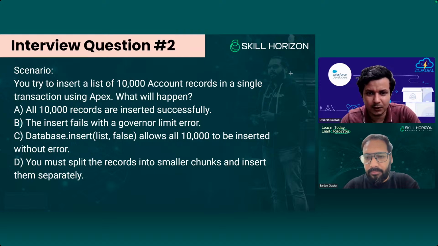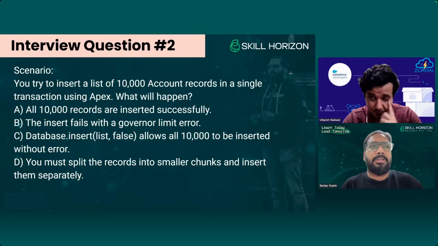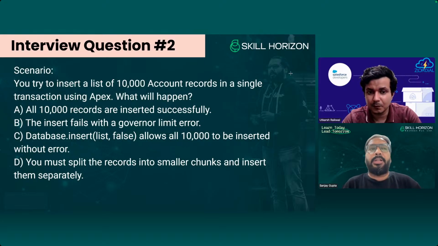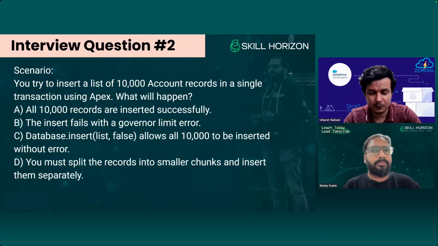So you can perfectly insert 10,000 records without any error. If there were more than 10,000 account records, then it would throw a governor limit. So A is the correct answer because the governor limit is 10,000. If we cross that limit, if it is 10,001, then we will hit the governor limit. If it is 10,000, then it will be correct.